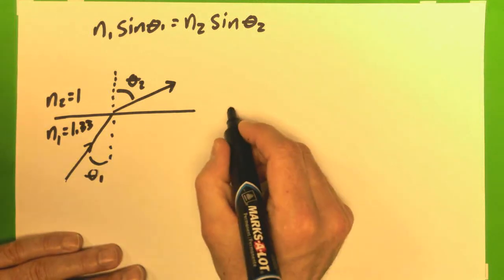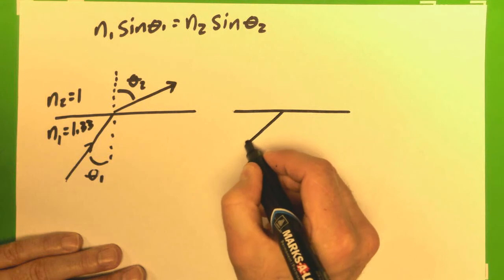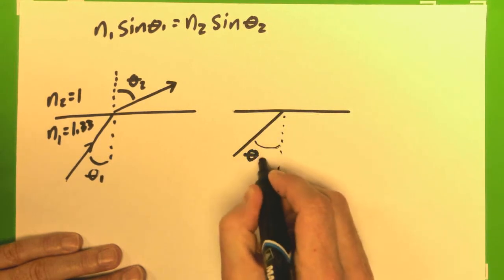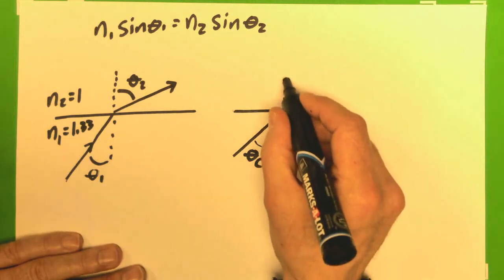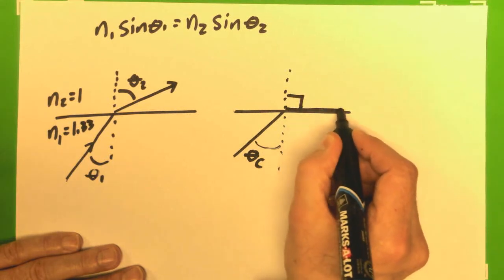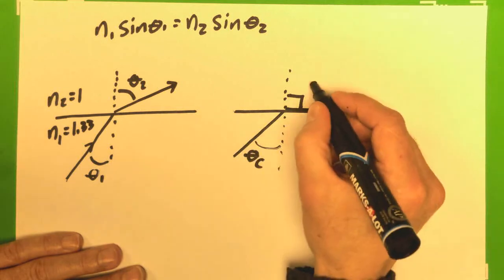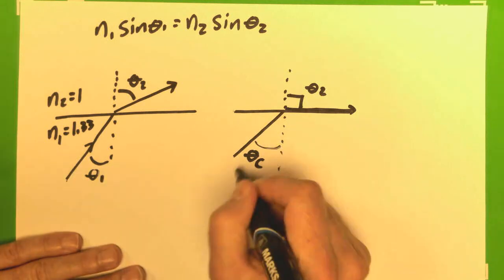So there's some angle which we call the critical angle, theta critical, in which the refracted ray is just barely skimming the surface. So that's a refracted ray, theta 2, right there. It's 90 degrees.